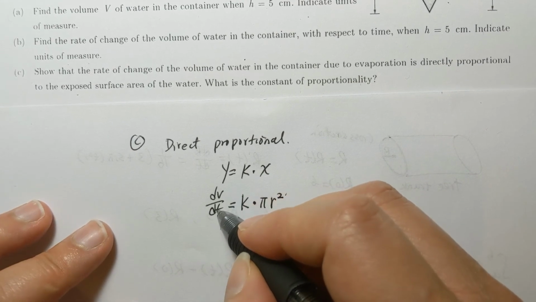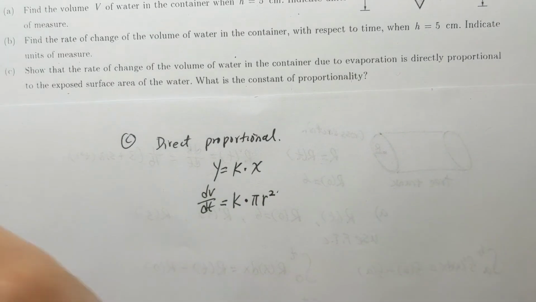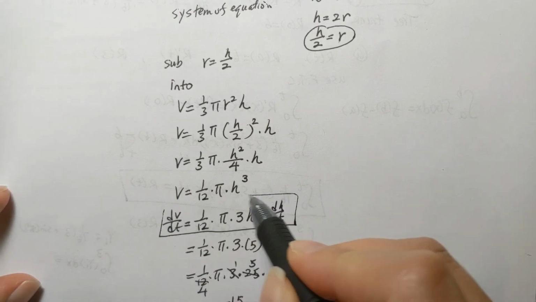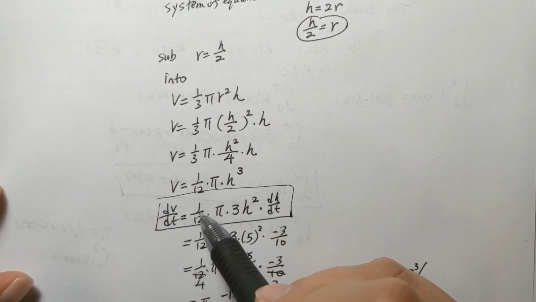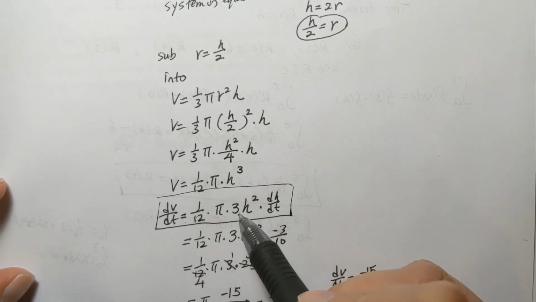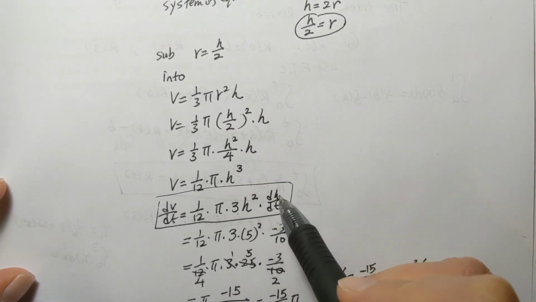So now dV/dt. Let's recall what we did in part B. Over here, we got dV/dt equal to 1 over 12 times pi times 3h squared times dh/dt.